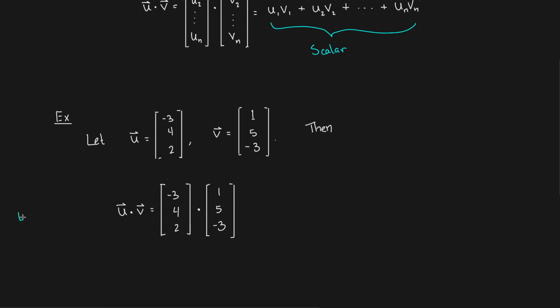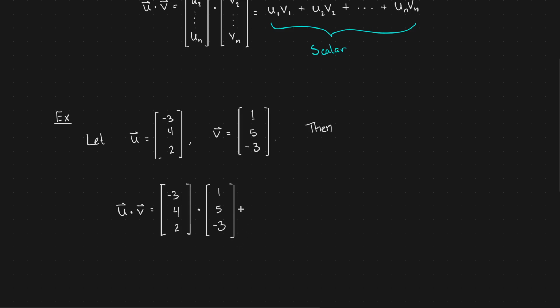If I did u dot v, that's different than u cross v. That's another kind of product that we haven't learned about yet, but we will. And that's different than u parentheses v, which is just not defined. Okay, so make sure you're using the correct symbol. You can't leave the dot out. The dot is essential to indicate that we're dealing with a dot product here.